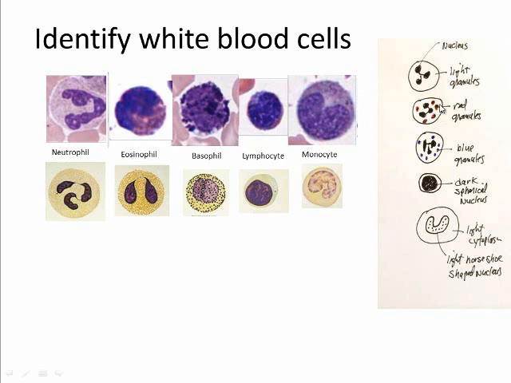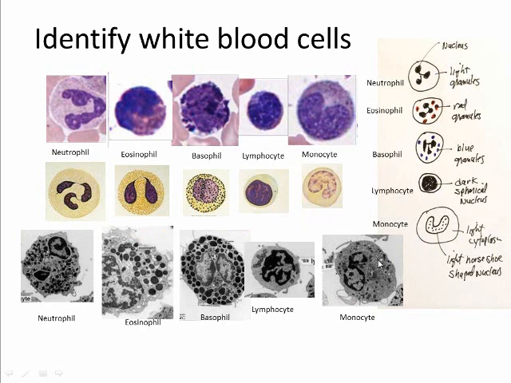The eosinophil has red granules, the basophil has blue granules, and the neutrophil has lighter granules. In contrast, the lymphocyte has a dark spherical nucleus with a little bit of cytoplasm, and the monocyte has a horseshoe nucleus and lighter cytoplasm. So those are the names of the different ones that are there.